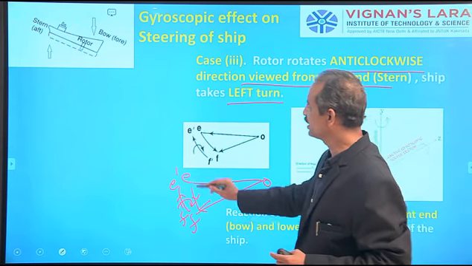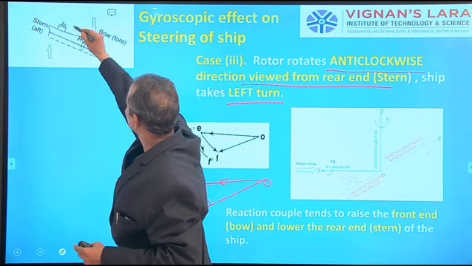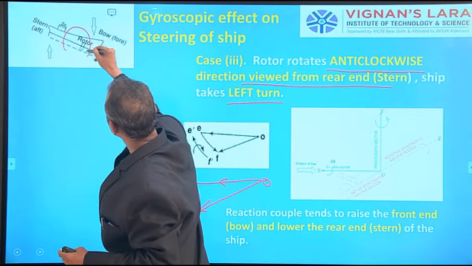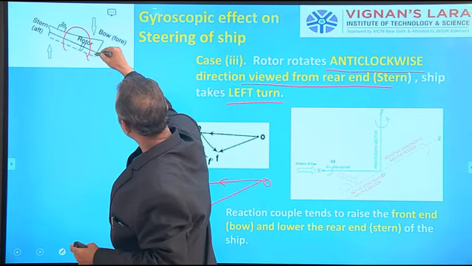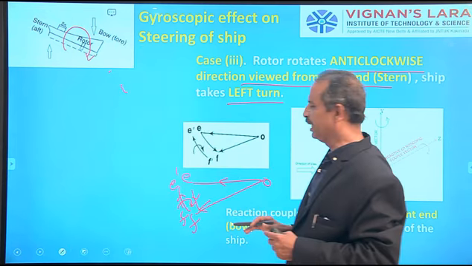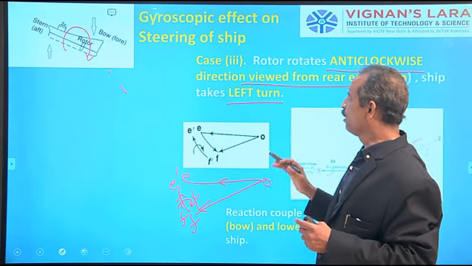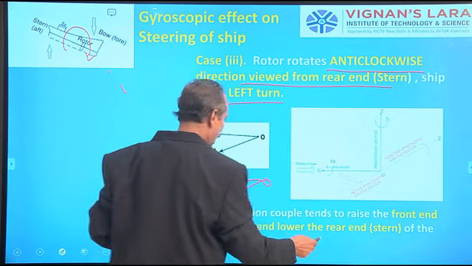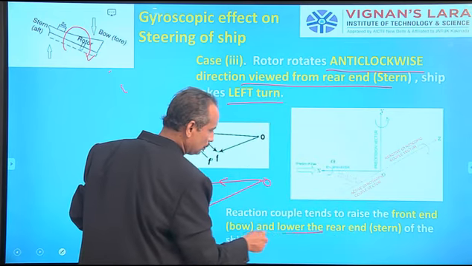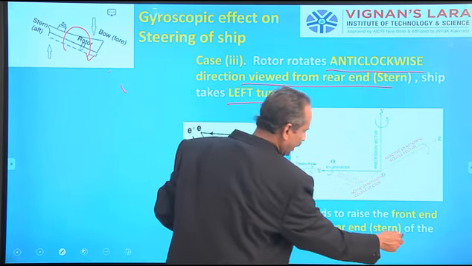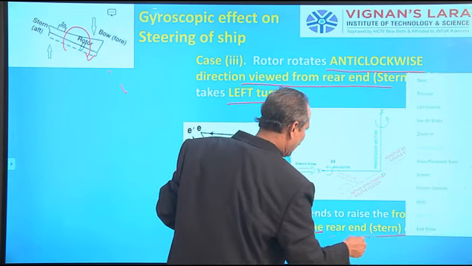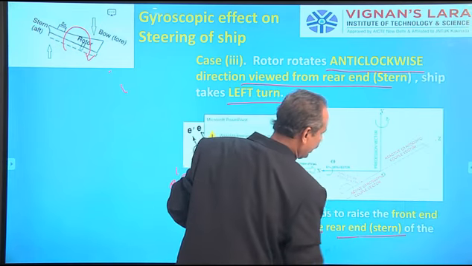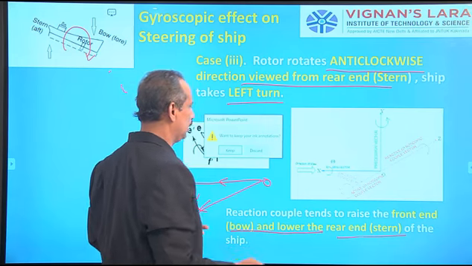If I apply the same force on the ship, then what happens? The bow portion will be moved down and the rear end is going to be raised. The rear end is going to be raised, isn't it?